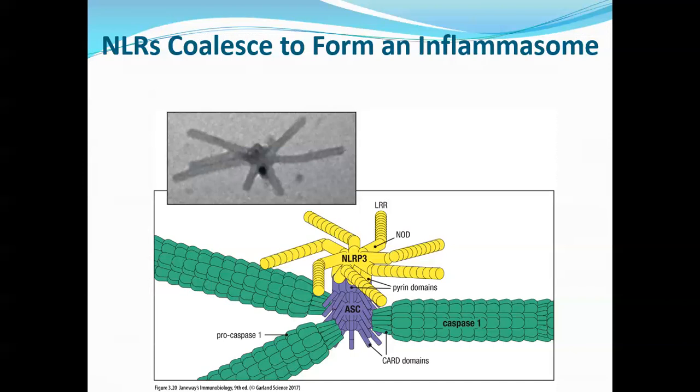You get active IL-1 and IL-18 being released. And once they're released, they can then start the chain of inflammation, the inflammatory response. So this is how inflammation begins as soon as you get invasion by these foreign particles, by these foreign cells.